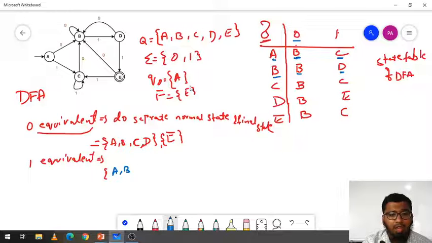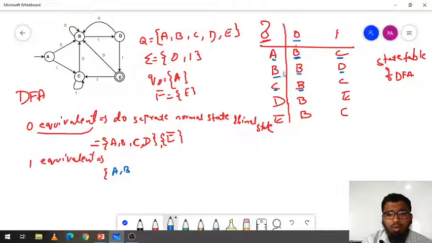Okay, now you can check any one of this with C, any one of this A or B, you can take any one and check the one equivalence with C. So I will check with A on 0 is going to B, yes, C on 0 is going to B, yes, this is same.